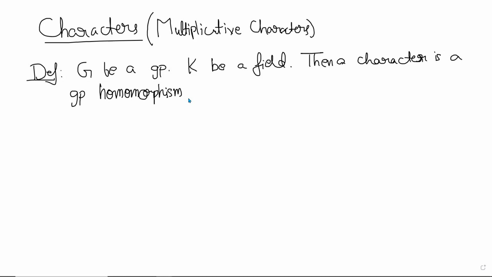I'll just use the same notation. Okay, so they don't have a notation. It's a group homomorphism tau from G to K star. Okay, so this is just the definition, and G is not necessarily abelian or anything. And when we say K star, we of course mean the multiplication of K, right? So we are talking about the multiplicative structure of K, and so K star is a group, right?